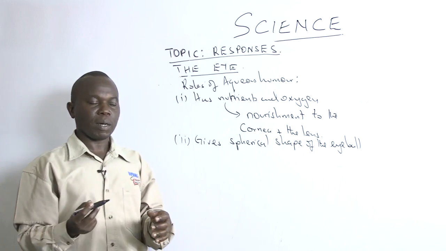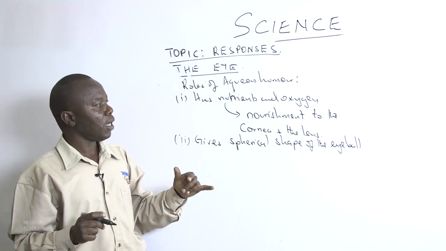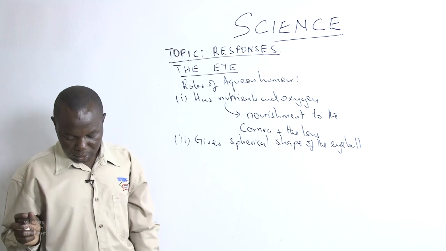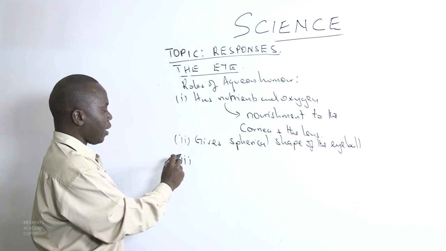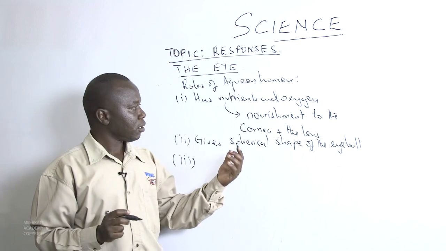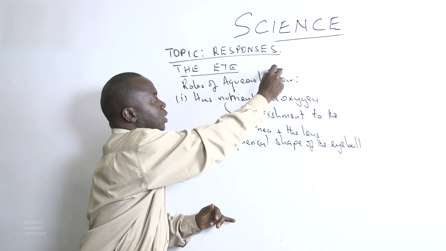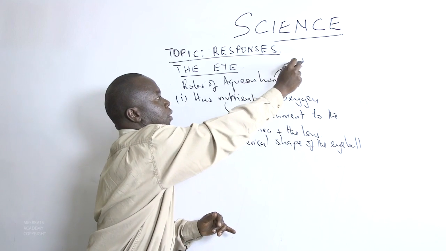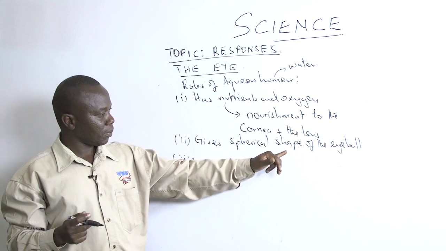Indeed, that's why it's called a ball, because of the two humors, the aqueous humor and the vitreous humor. Because most of the material that makes up aqueous humor is water, it gives it shape.